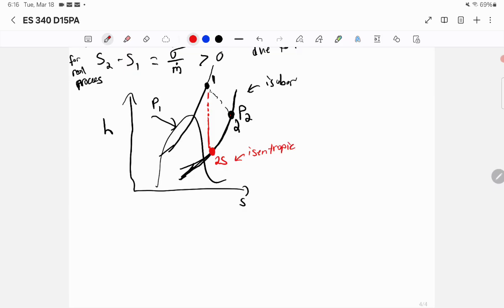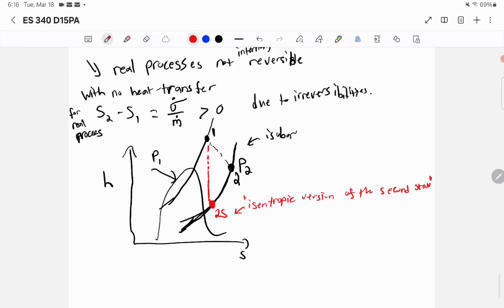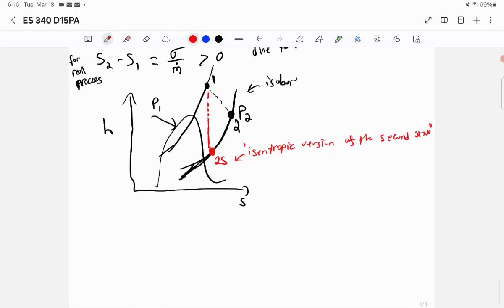I'm going to call it the isentropic version of the second state. And this one marked in black is the true second state. Okay, so that's the actual second state that we had.